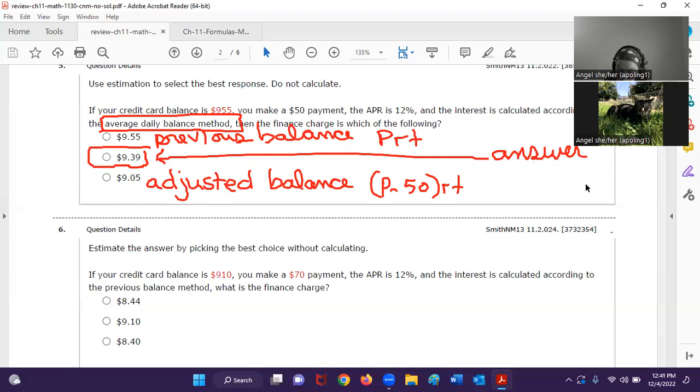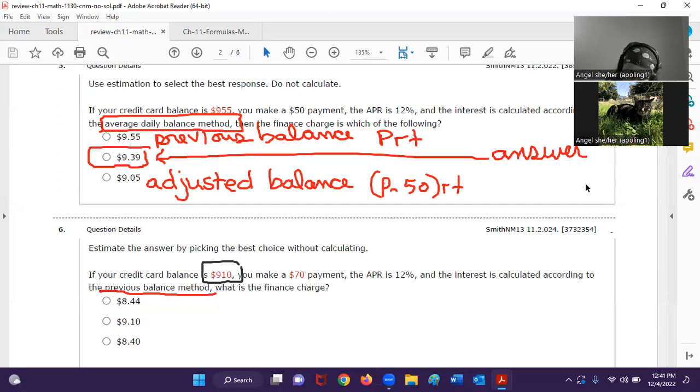Now on the second one, we're asked a similar question, only this time they're asking for the previous balance method. And so just like above, we know it's the 910 based off of the $910, the previous balance.